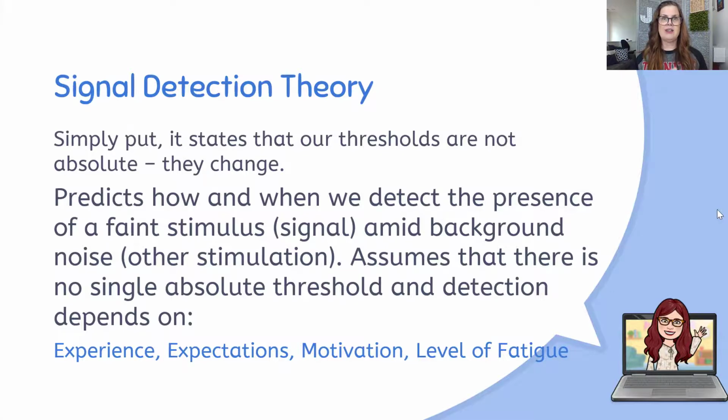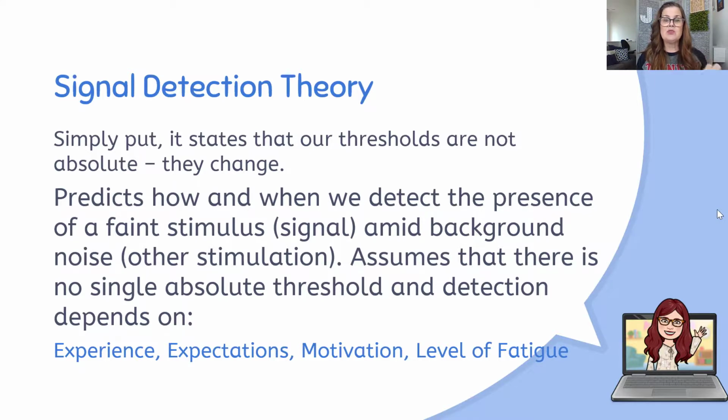So the last concept for us in this video is what's called signal detection theory. And this is something that I think all of you have seen played out in your own lives. What it means simply is that our thresholds are not absolute, that they can change. Signal detection theory predicts how and when we detect the presence of a stimulus, even amid background noise or other stimulation.